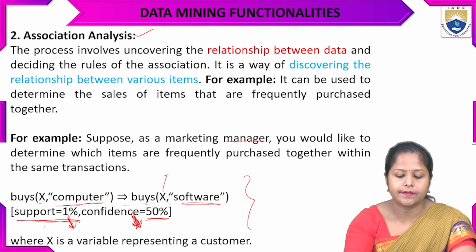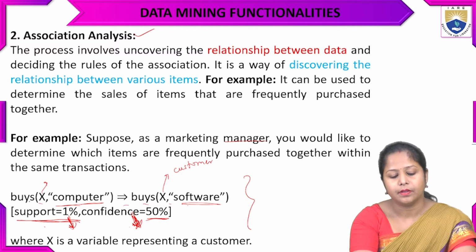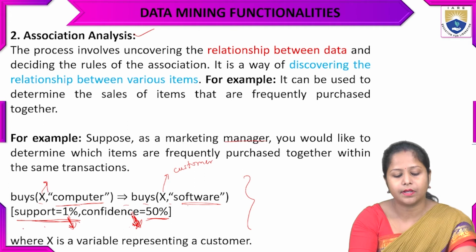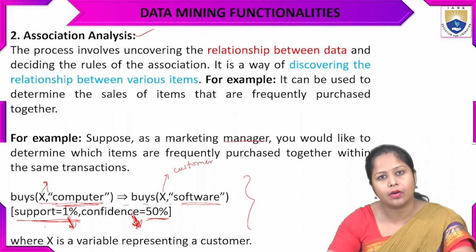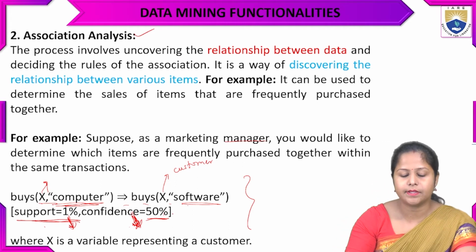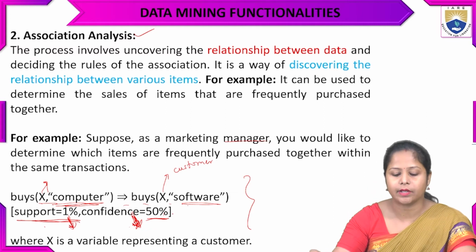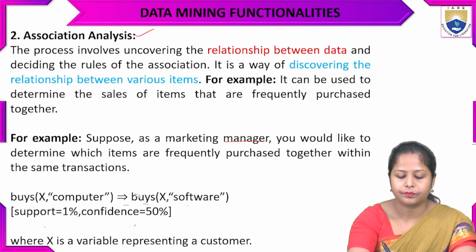So these are the rules written over here. If the customer is going to buy a computer, he is also going to buy software, right? The confidence will be 50% and the support will be 1%, if we calculate that from the different formulas.